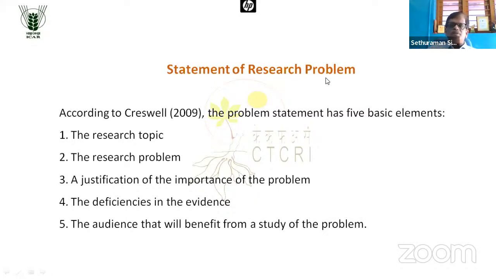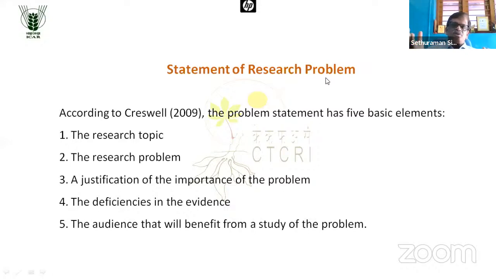The research managers, like the director of research, the dean of research, or the vice chancellor, may be interested to know the extent of reach and adoption of our technologies, so that he will be able to convince the minister about the area of adoption. This is the return on our investment in research, and this is the return from extension activities.